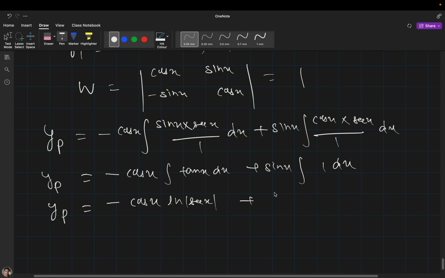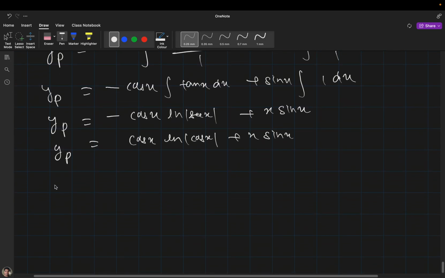And the integral of 1 will be x, so x sin x. So yp will be, if you absorb the negative sign, cos x ln cos x plus x sin x.